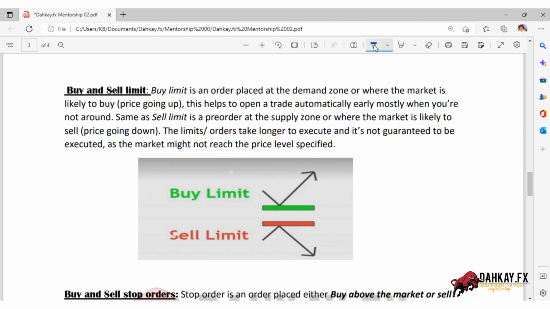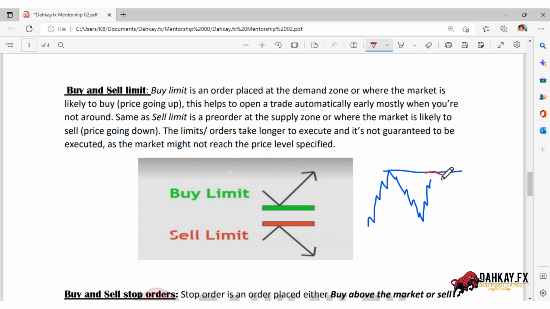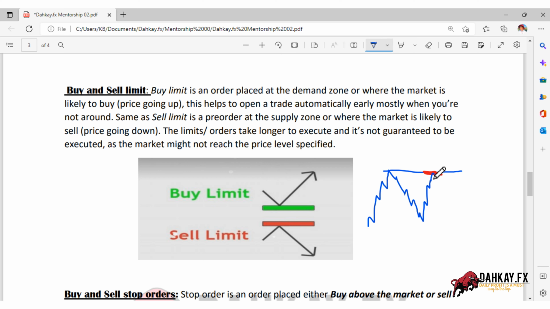So if you have seen that the market on previous movements was selling when it reaches that point, and we can see that the market is on its way to that point, you'll enter your sell limit above here, at this resistance, so that when the market hits that point or that zone, you'll be able to enter even if you are not there.